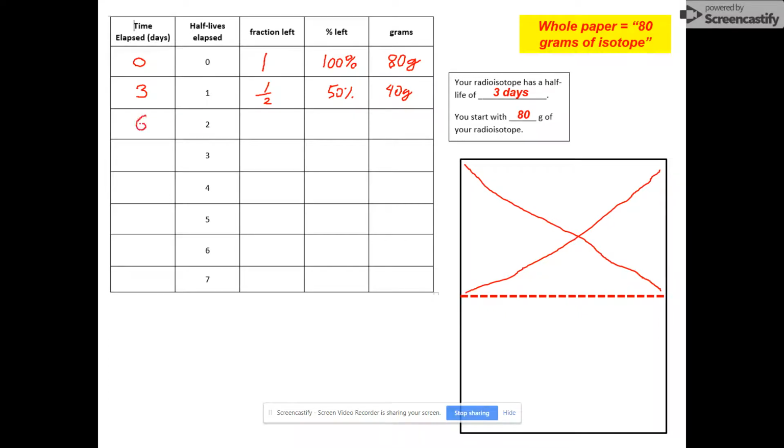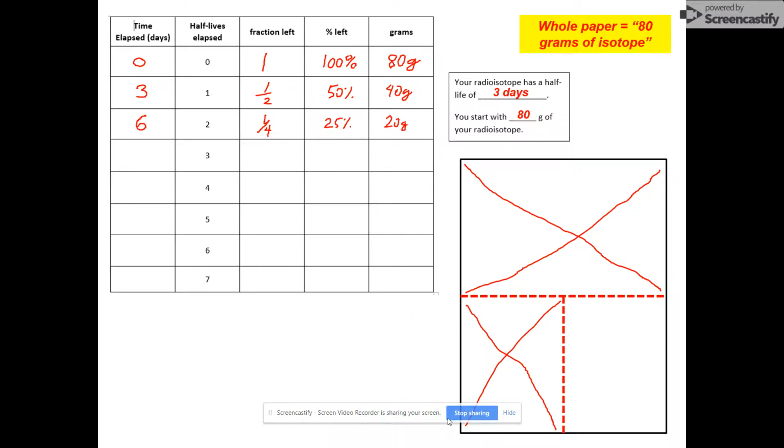How long is that? Well, that would be 6 days. How much is left? Half of half. That means we've now got 1/4 of our isotope left, or 25%, or 20 grams. That means you take the paper, fold it in half again, and that means this much has decayed.